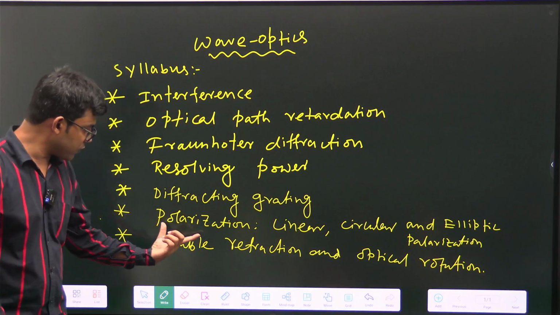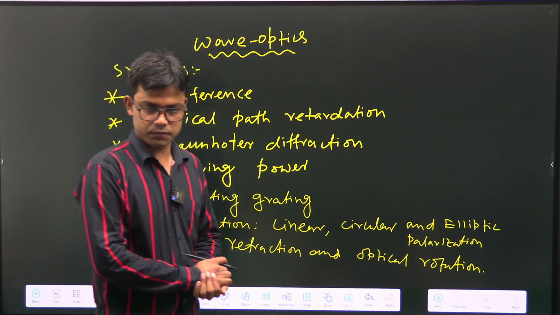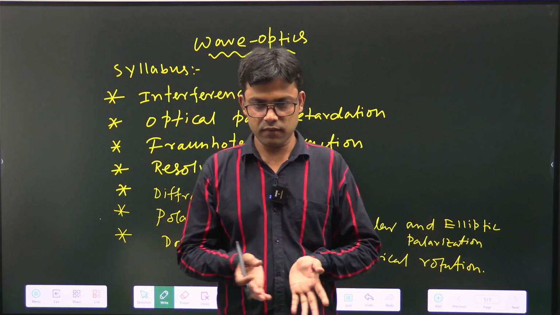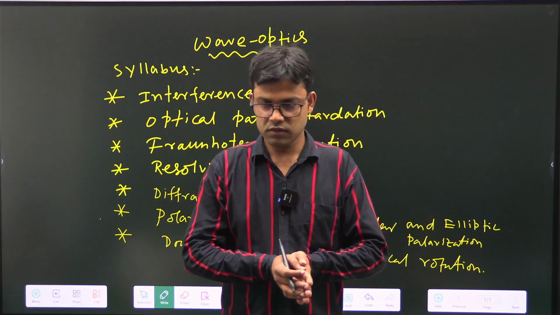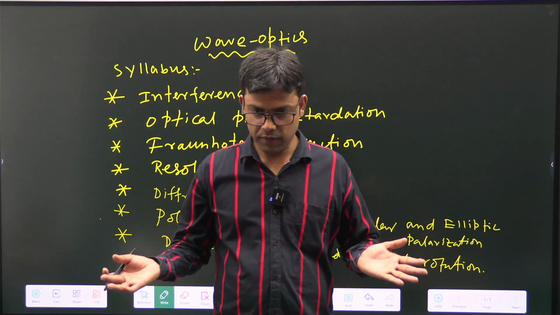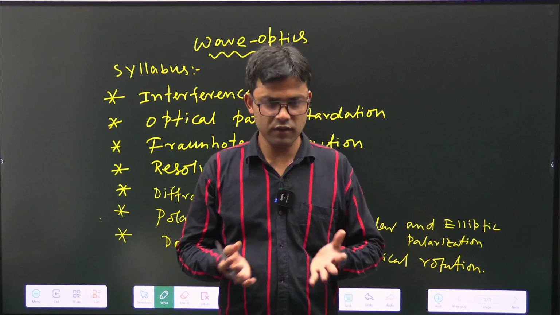Then another property of light is called polarization. Electromagnetic light is a transverse wave, right?